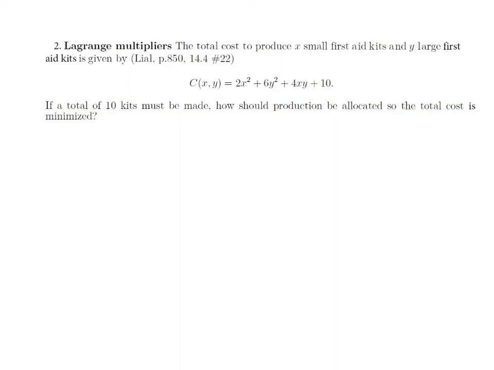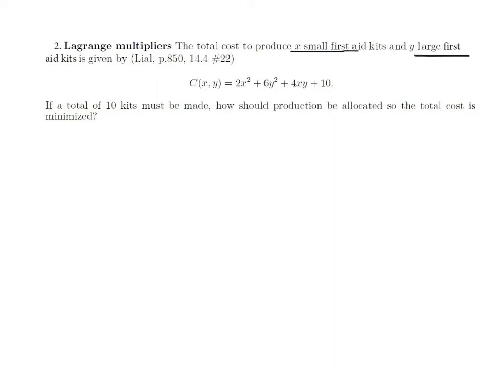Here we have a question that reads, the total cost to produce x small first aid kits and y large first aid kits is given by the function C at x, y is equal to 2x squared plus 6y squared plus 4xy plus 10. Now we're becoming more comfortable with seeing two variables in a function, and we know how to find the derivative of a multivariable function.